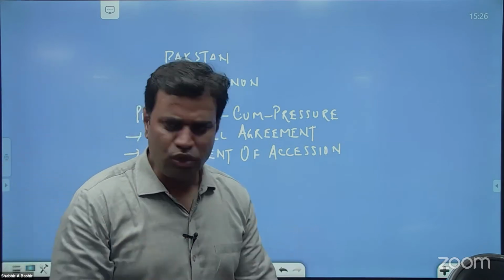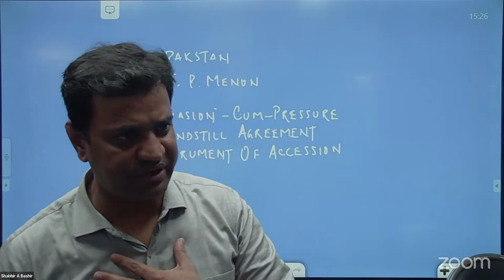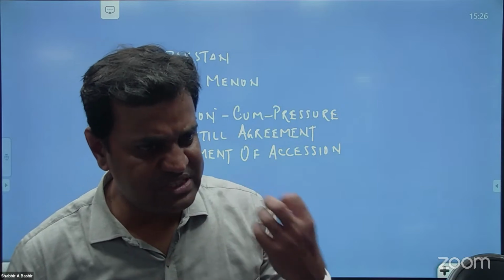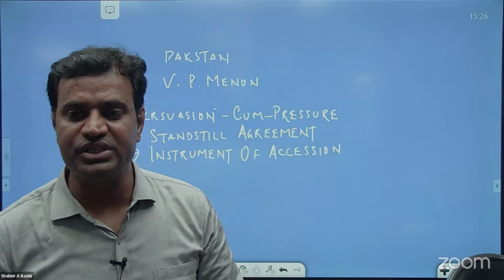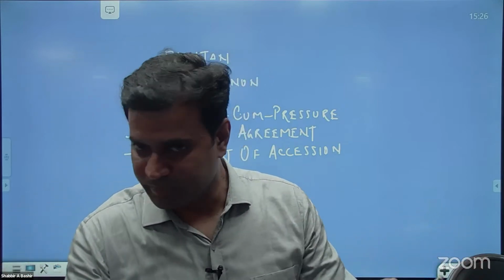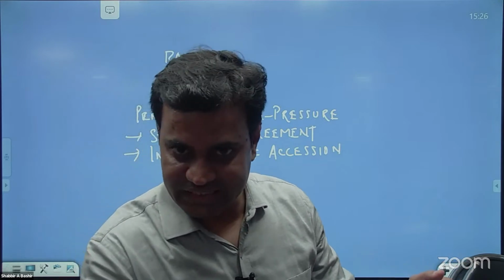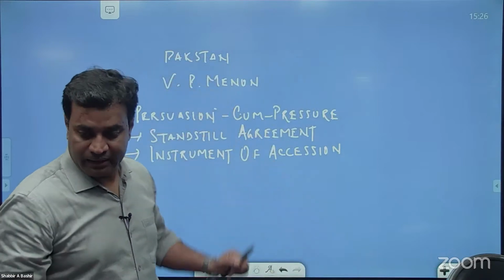Clear? What do we mean when we say integral part? We say Kashmir is an integral part of India. What do we mean by the words integral part? Complete whole. It makes the sense of completion. That is, to make anything of proper identity, other parts have to be added, or major parts have to be added. Clear? So Pakistan, right?